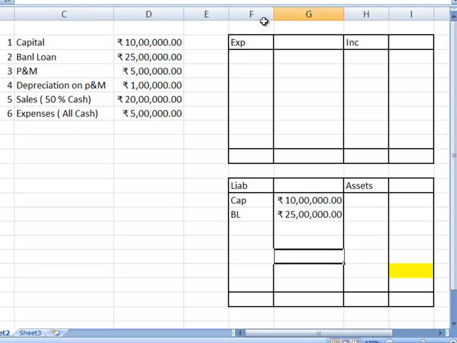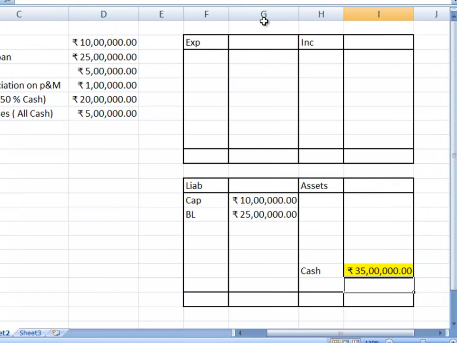Both of them will have second effect in cash. So cash, so 10 lakhs plus 25 lakhs, 35 lakhs. Plant and machinery 5, which would be on the asset side. So plant and machinery 5 lakhs. Second effect would be reduction in cash, so minus 5 lakhs.